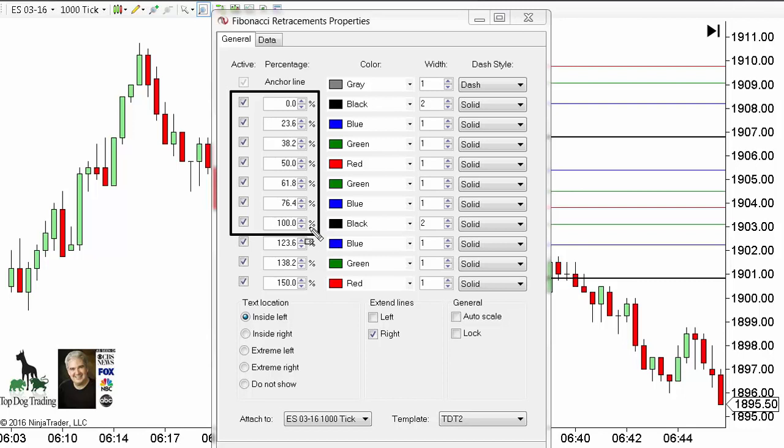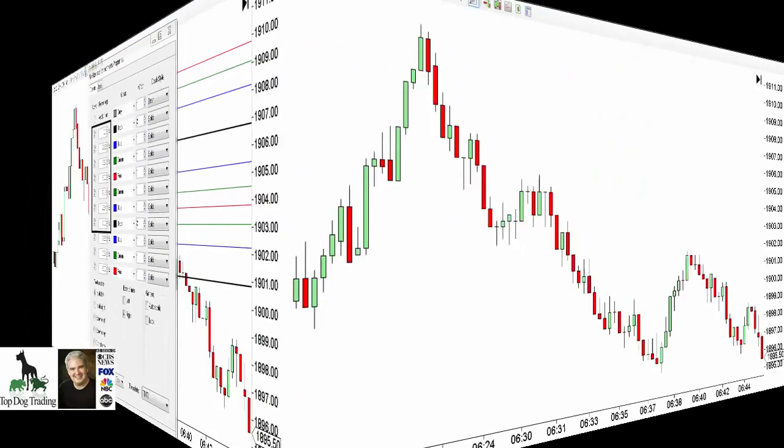So we've got 0%, it doesn't retrace at all, 23.6, 38.2, 50, 61.8, 76.4, and 100. So those are the numbers that we're using. You can write those down if you need to. Import them into your own charting platform, and I'll show you what it looks like here in just a moment.